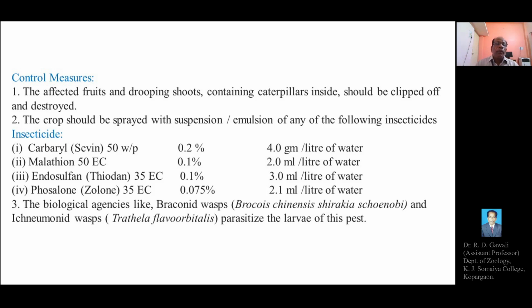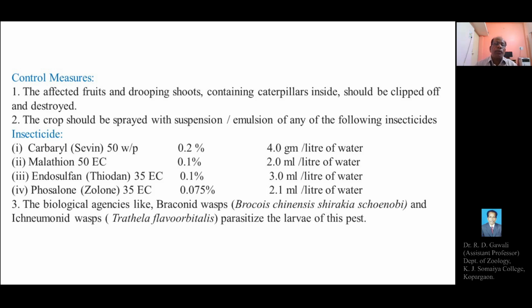So carbaryl, malathion, then endosulfan or thiodan 35 effective concentration, and it is used at 0.1%. So 0.1% endosulfan is also made into an emulsion, that is 3 ml of the endosulfan dissolved or mixed with 1 liter of water.